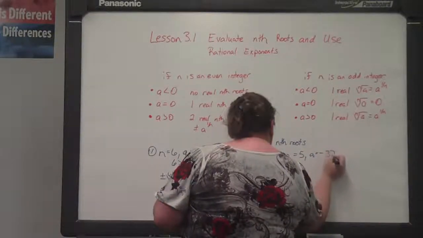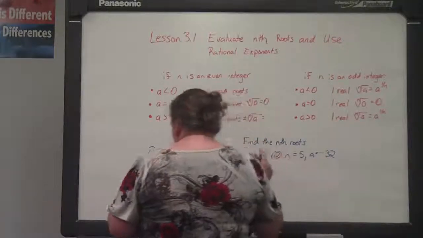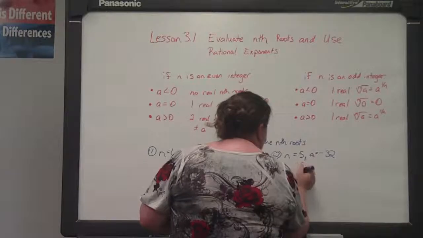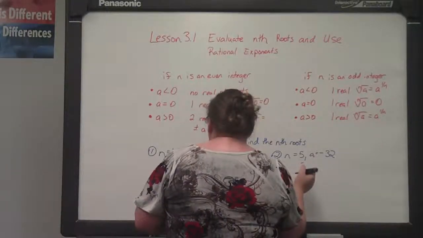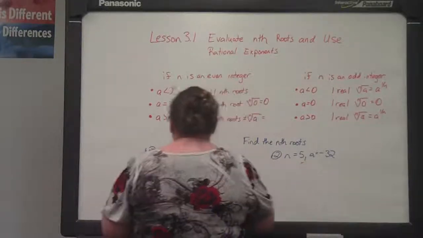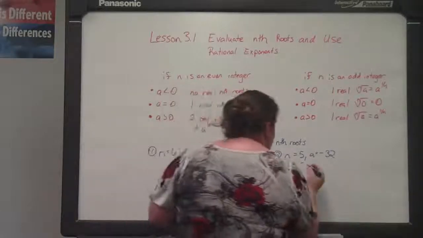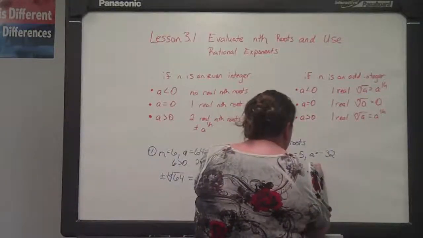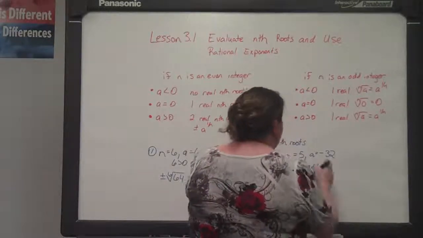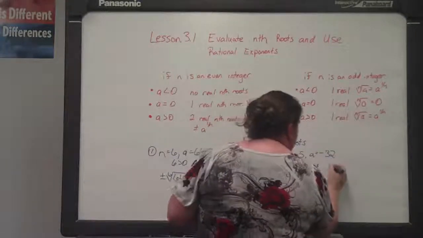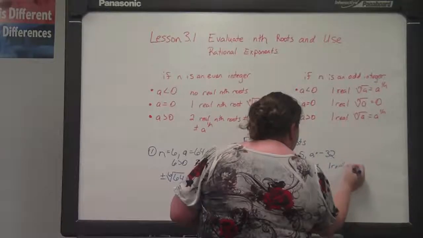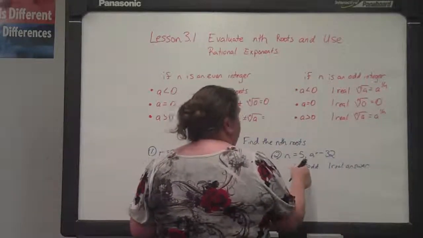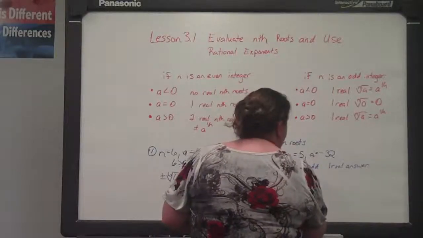Now, the second one we want to work says n equals 5 and a equals negative 32. The first thing I want to see is that 5 is odd, so I'm going to have no more than one real answer. And then the next thing I want to do is look at negative 32.